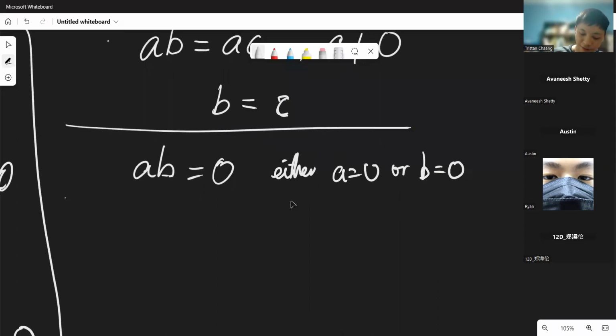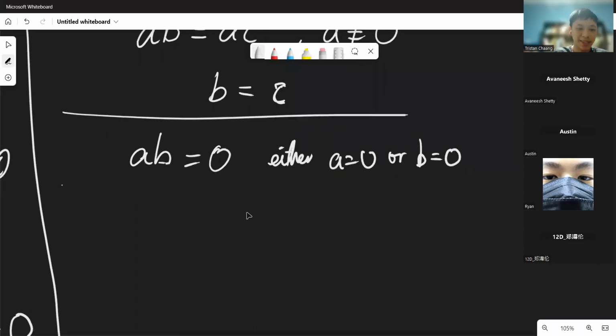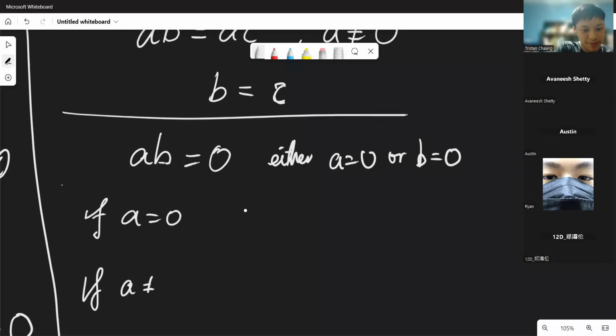So if you're working in a field, why is this property true? Basically I will split into two cases: if A is 0, or if A is not 0. If A is 0, then we're done. We don't have to do anything because that's the result we want.